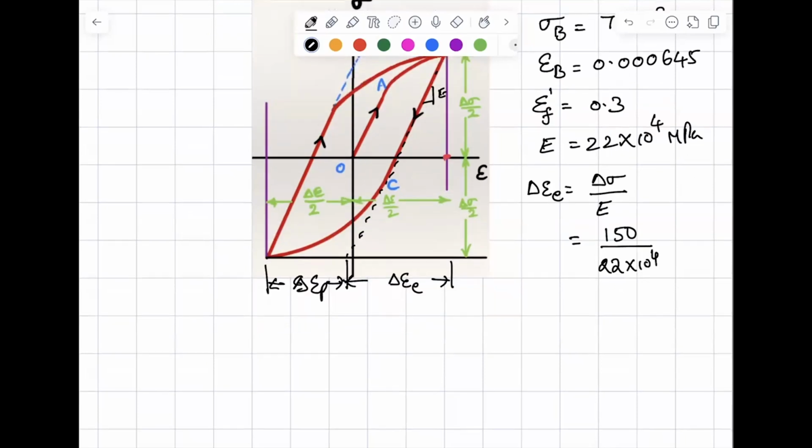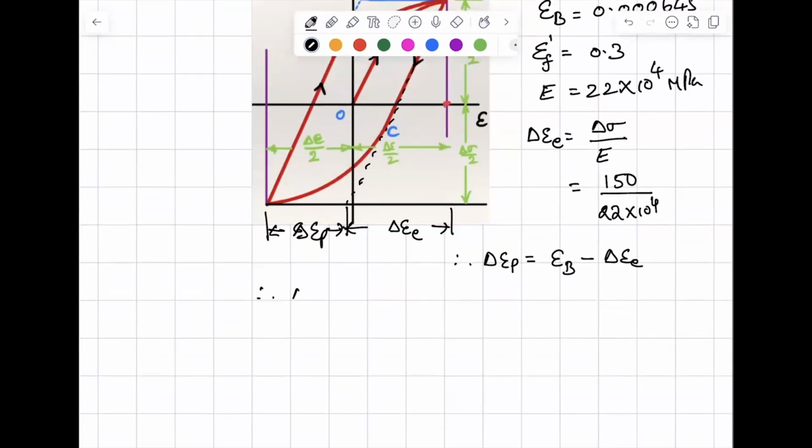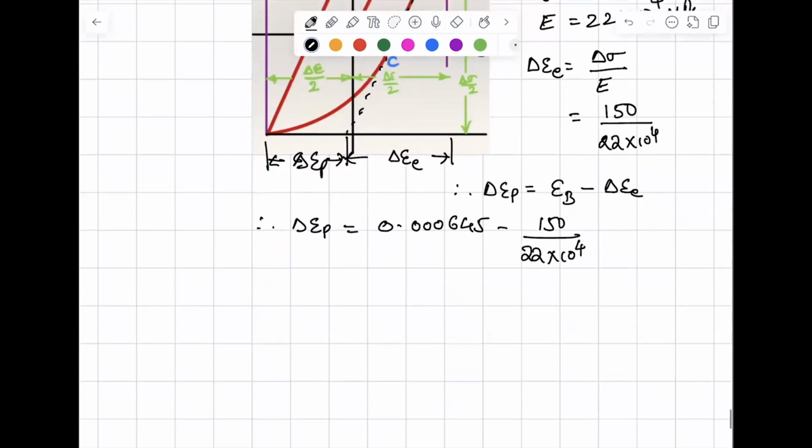Correct? Therefore, delta epsilon P is equal to epsilon B minus delta epsilon E, that is 0.000645 minus 150 by 22 into 10 power 4. What is that value?